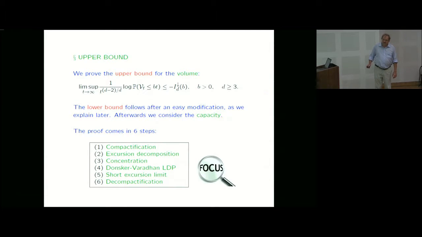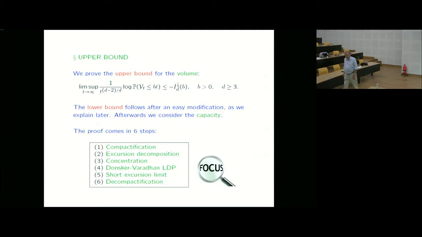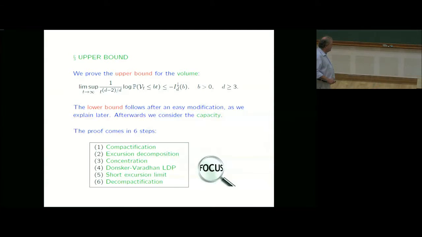Then we will be in a setting where we can get out a big hammer from our toolkit, namely the Donsker-Varadhan large deviation principle for the empirical measure of a Markov process, and apply that to the expressions that we will have derived at that point.